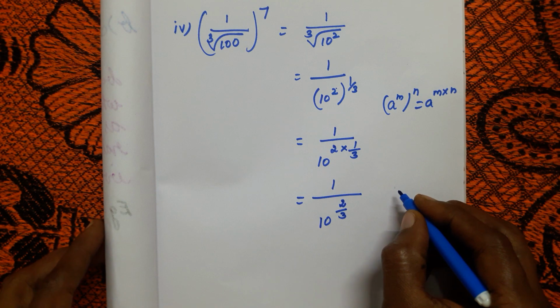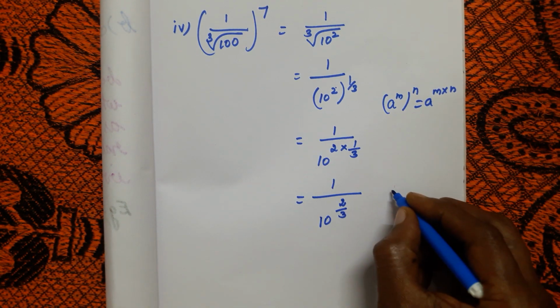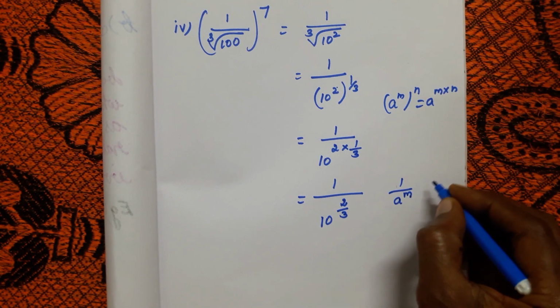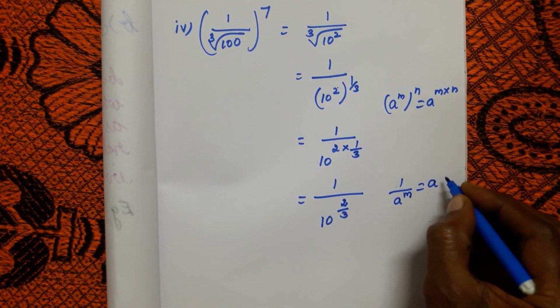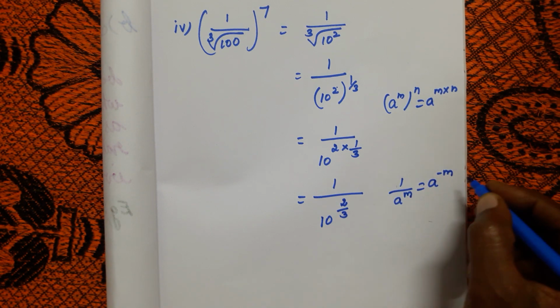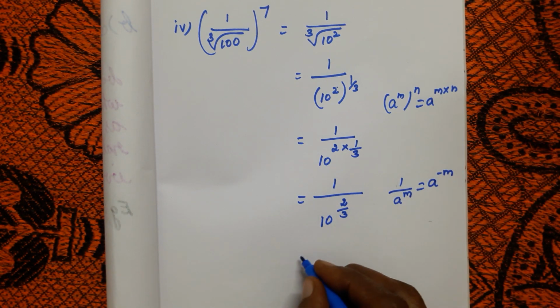Next, 1 by a power m is equal to a power minus m.